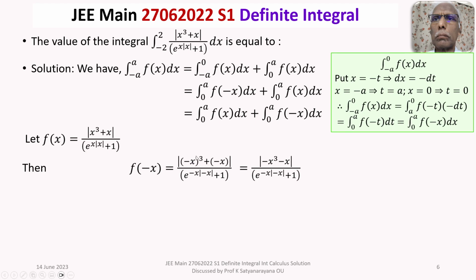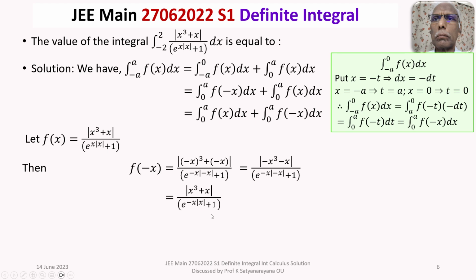Now minus x whole cube is minus x cube plus minus x, by e power minus x multiplied by mod of minus x plus 1. Now you can take out in the numerator a minus 1 common. Mod of minus 1 is plus 1. So this will be mod of (x cube plus x) by e power minus x into mod of minus x, which will be mod x only, plus 1.